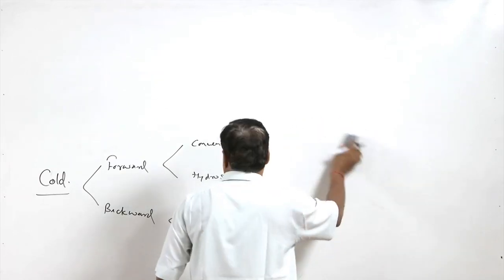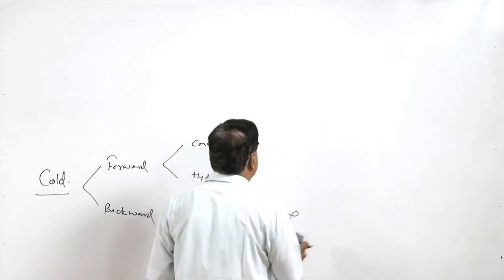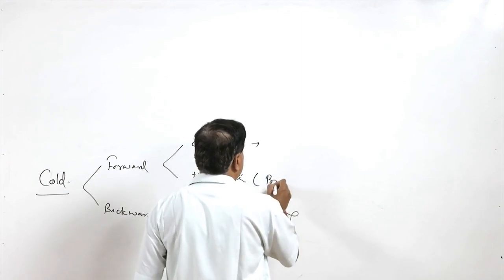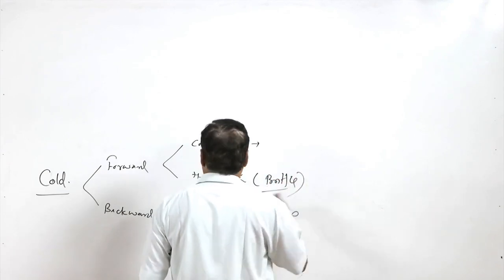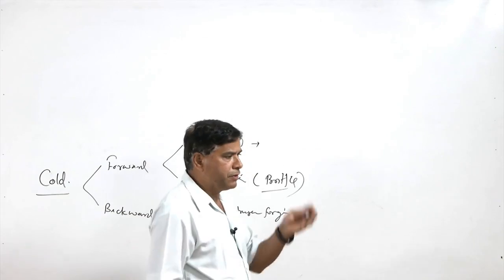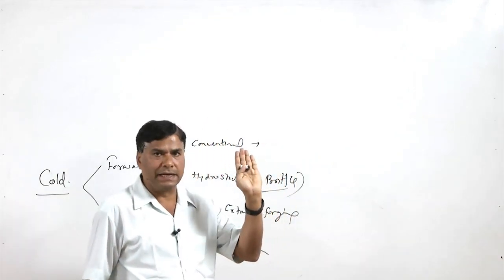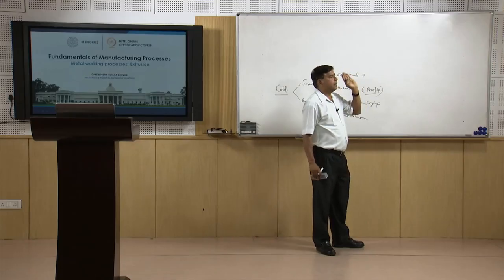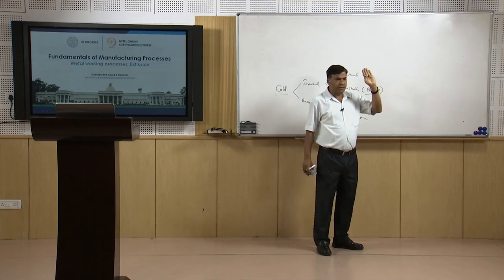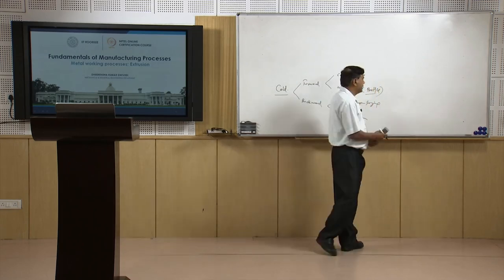Now, coming to hydrostatic extrusion, this is mainly used for brittle materials. In case of conventional extrusion, we know that the force is applied from one side and then under the pressure it starts flowing out of the die.